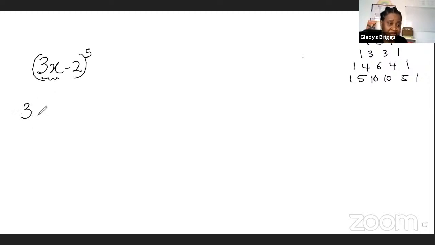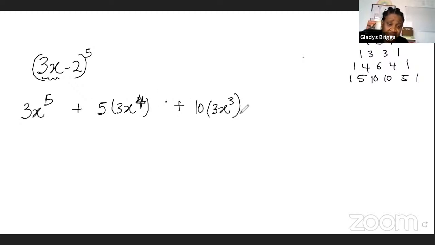And that one is decreasing, so 3x to the power of 5, add 5 times 3x to the power of 4, plus 10 times 3x to the power of 3, plus 10 times 3x to the power of 2, plus 5 times 3x to the power of 1, plus 1 times 3x to the power of 0. I'm sorry guys, it's very fiddly, that's why you see me going back and forth on it.